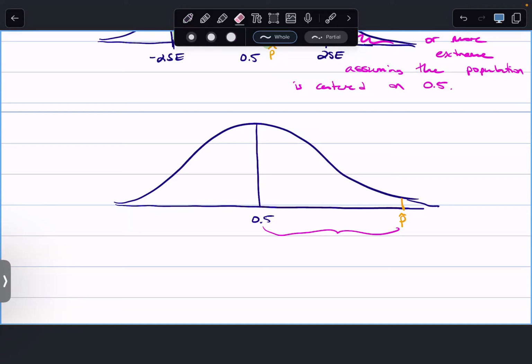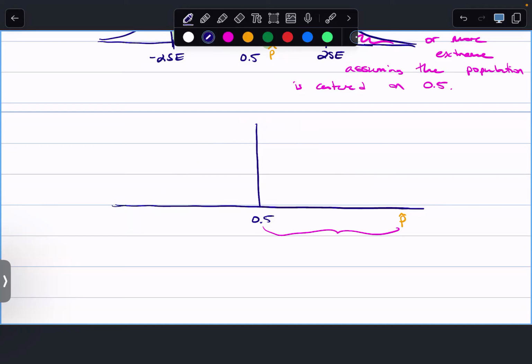In fact, let's see if I can draw this better. Start over. Oh.